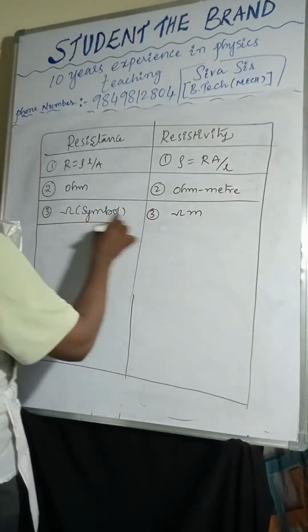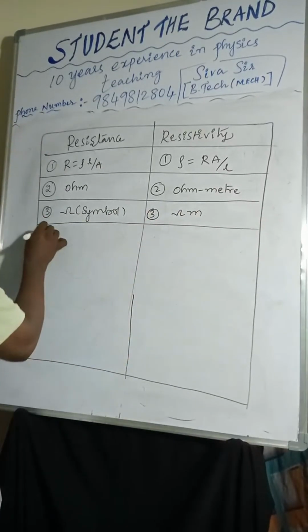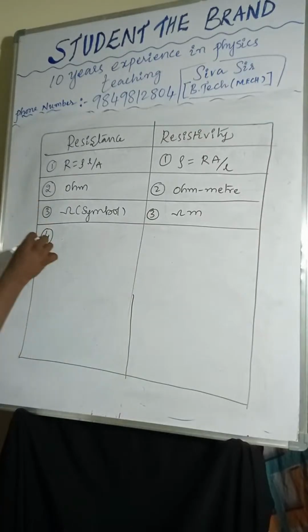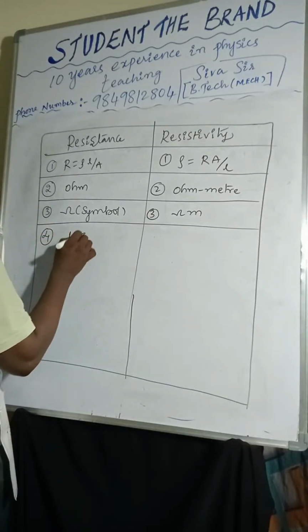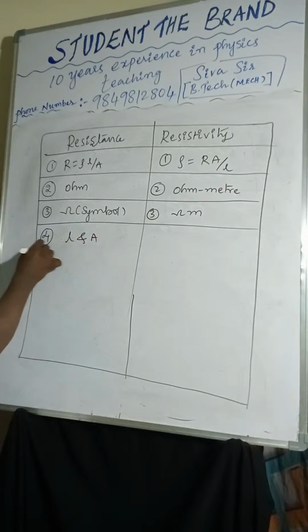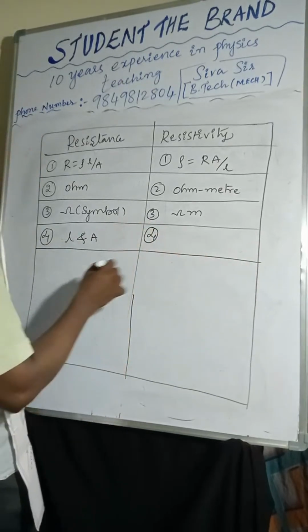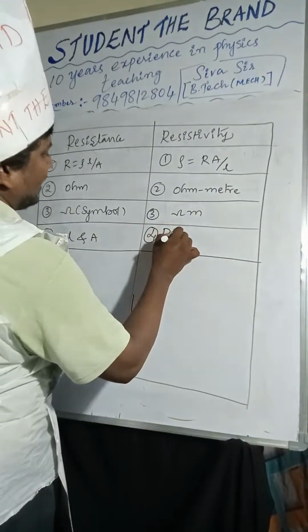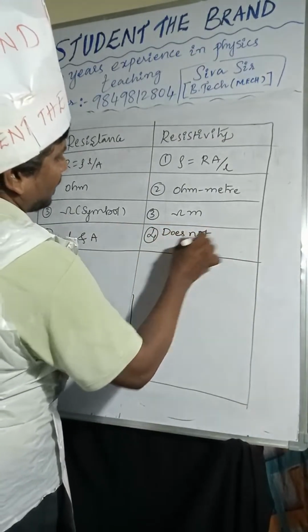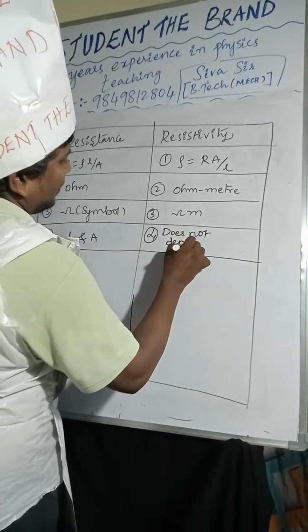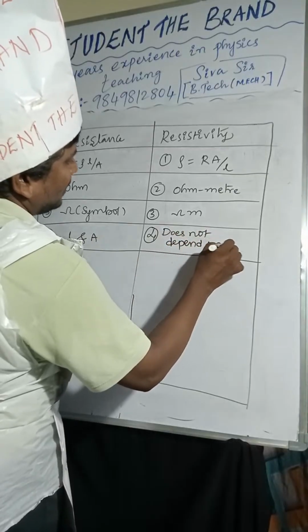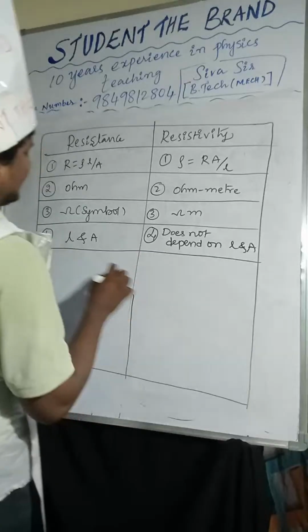Coming to the fourth one, resistance depends on the length of the conductor and the area of cross section. Resistivity does not depend on length and area.